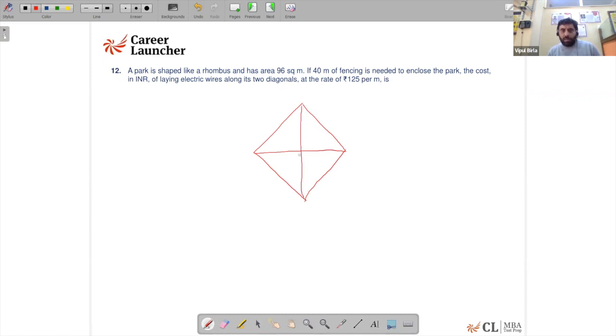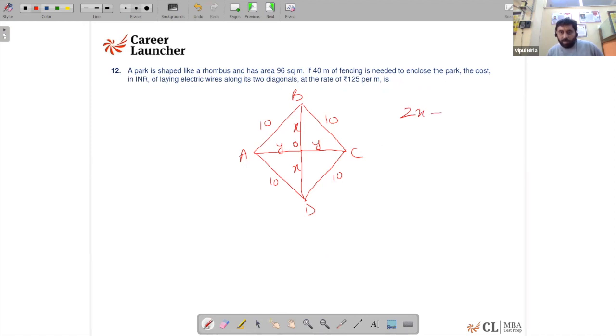Let's say the points are A, B, C, and D, and the center is O. Assume that BO is x and this is also x, while the other two lengths, OC and AO, are y. The perimeter is 40, so it is given that the side of each is going to be 10, as a rhombus has all sides equal. So the two diagonals are 2x and 2y.